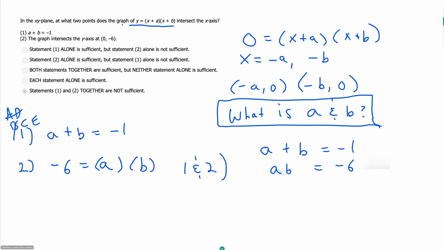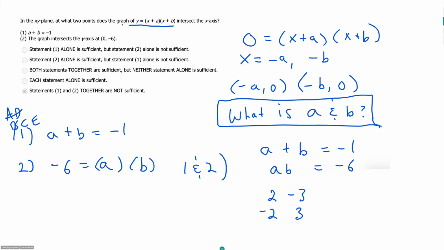One thing you can do, instead of substituting, is just recognize that there aren't really that many options, at least if you're only looking at whole numbers, of two things that multiply to negative 6. And so we just need to find the pair that sums to negative 1. So our options are really just what? 2 and negative 3. And then every pair is going to have its reverse, right? So you can also have negative 2 and positive 3.